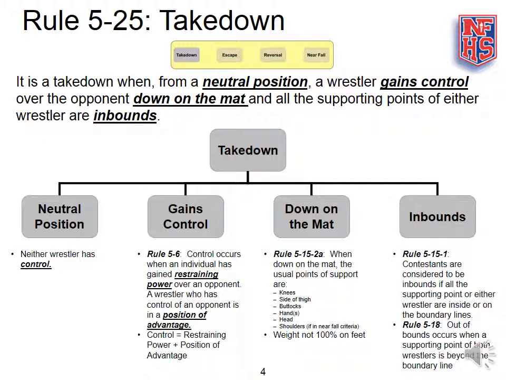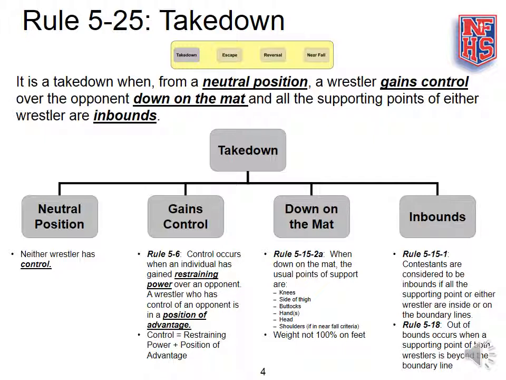Neutral position means neither wrestler has control. Gains control, Rule 5-6 tells us what the definition of control is. And basically, control equals restraining power plus the position of advantage. Down on the mat? Well, down on the mat means that the defensive wrestler's weight is not completely on the feet.